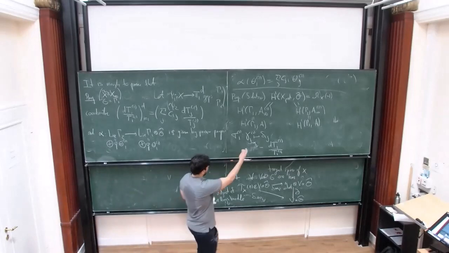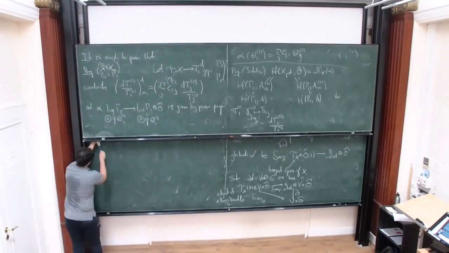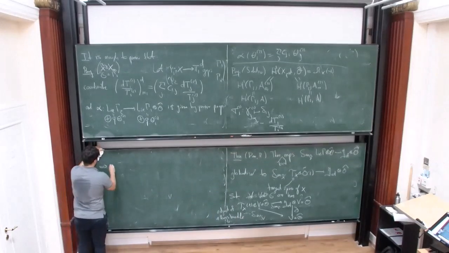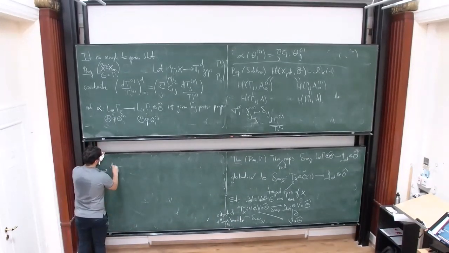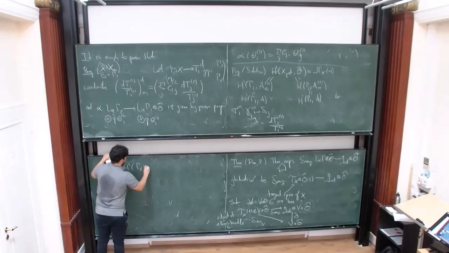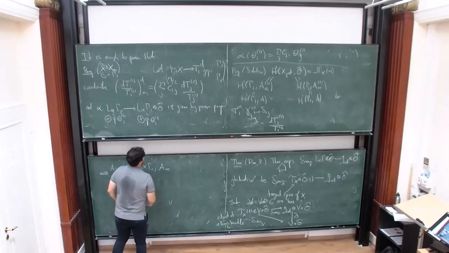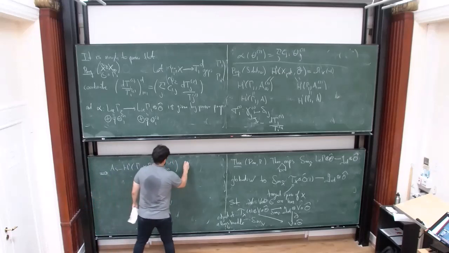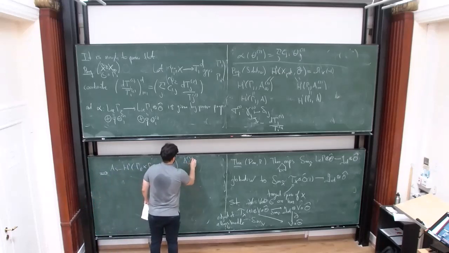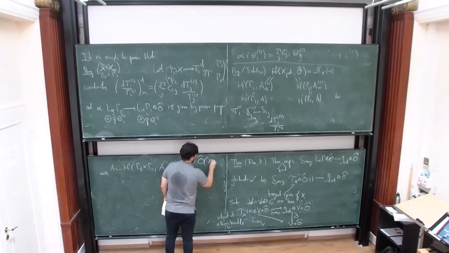So this will tell you that this is the H1 of this infinity 1, 2, that is just the functions of the product.